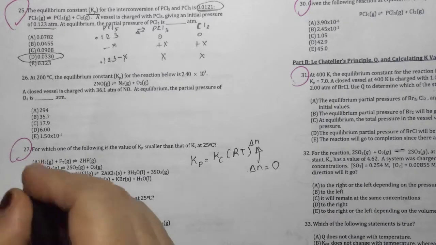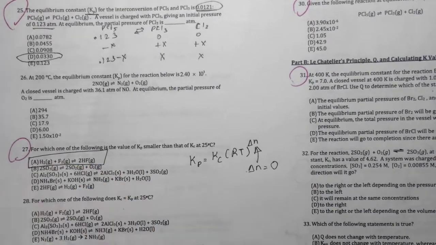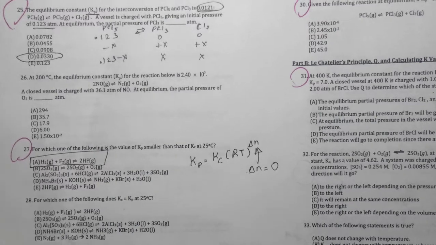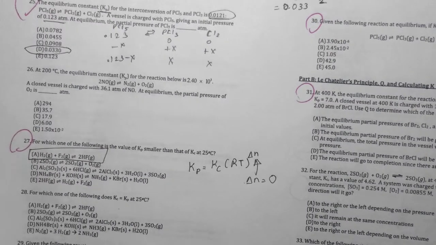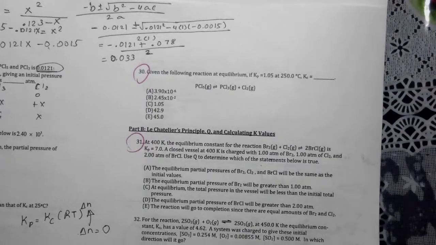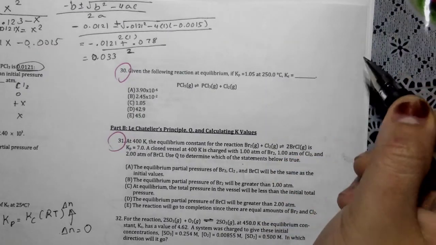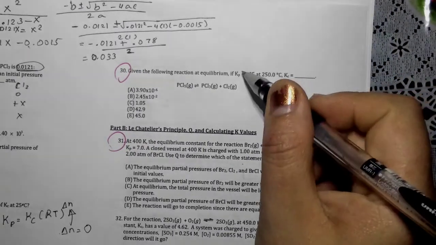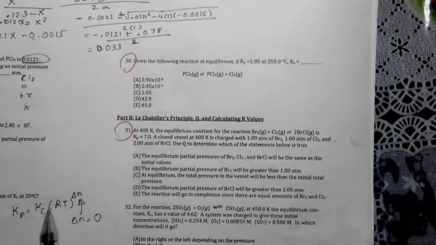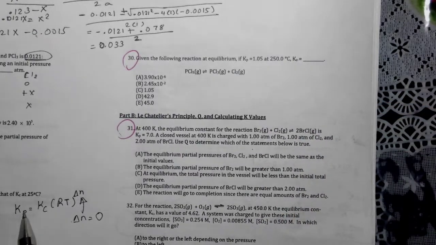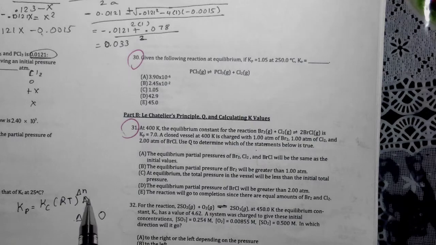Okay, so the first one. Alright, got it? Okay. Number 30. Given the following equation, find Kc from Kp. You're gonna have to use Kp equals Kc (RT) to the delta n.